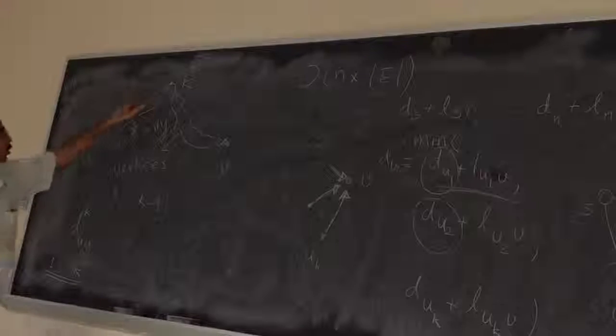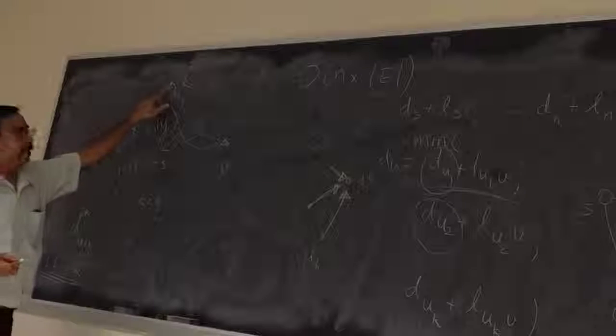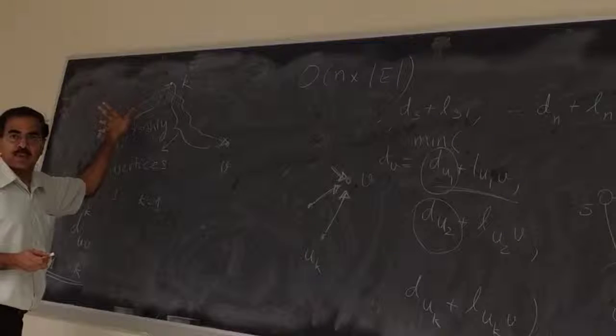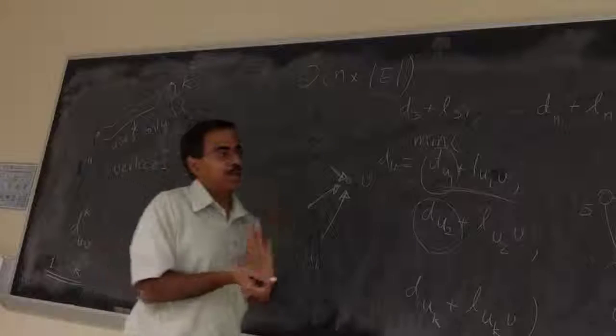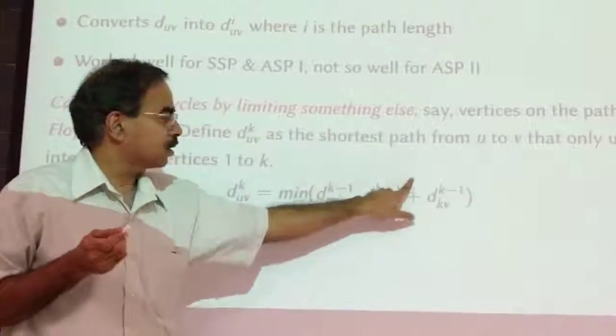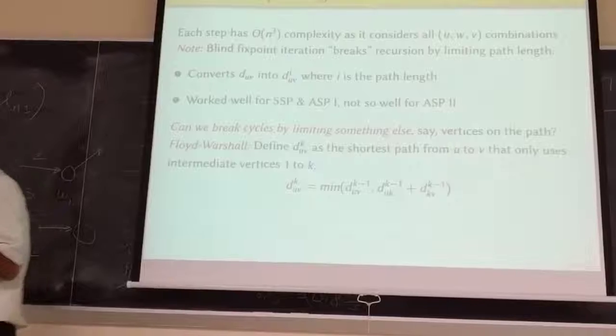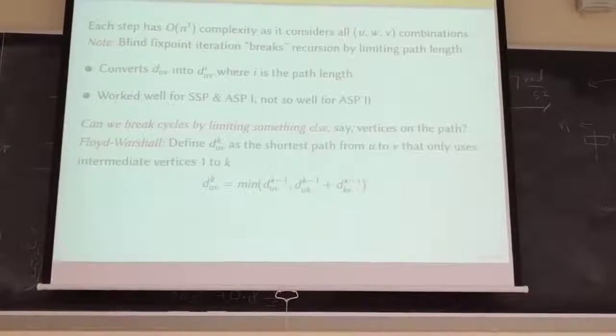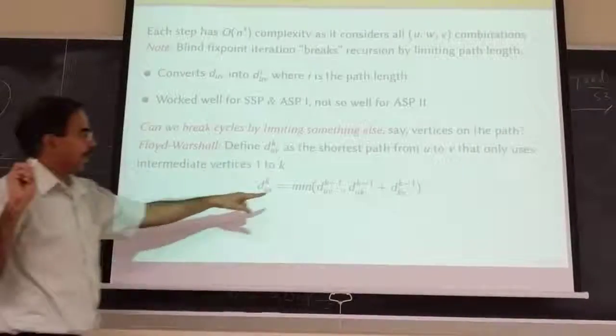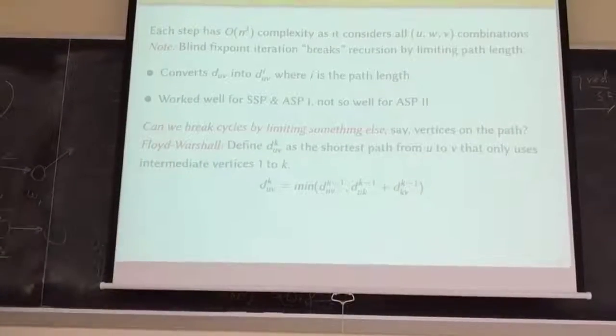Because if this whole set is 1 through k, and k is already here, then these must be 1 through k minus 1, and these must also be 1 through k minus 1. And you already computed the shortest path between u and every vertex that uses vertices less than k, right? And so by breaking the recursion this way, now you have a better algorithm.